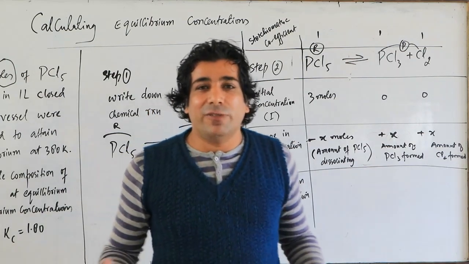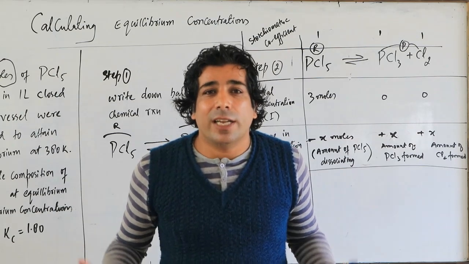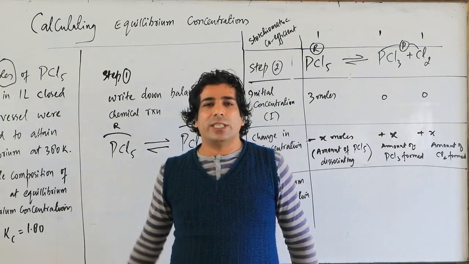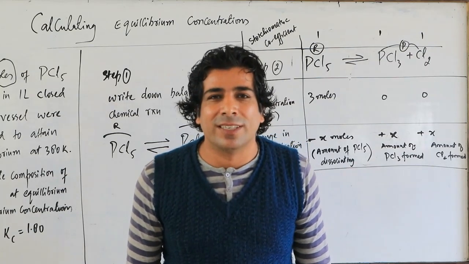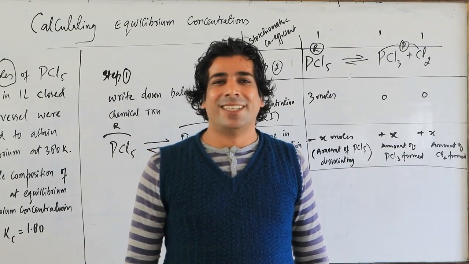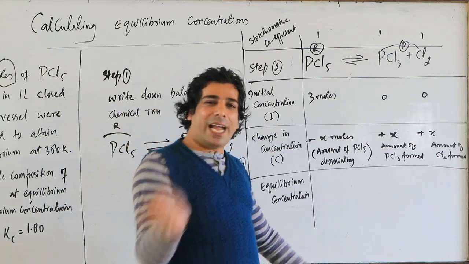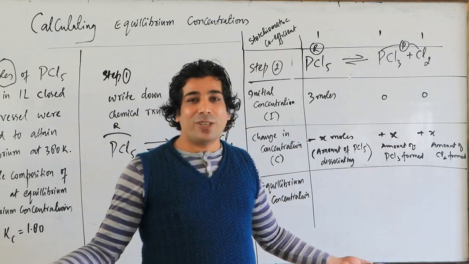So now, when X moles of PCl5 are changing into X moles of PCl3 and Cl2, then equilibrium has been achieved. The reaction has reached the saturation point. Once the reaction reaches the saturation point, what will happen? Now, my dear friends, the reactant will change into products and products will change back into the reactants. That is important here.